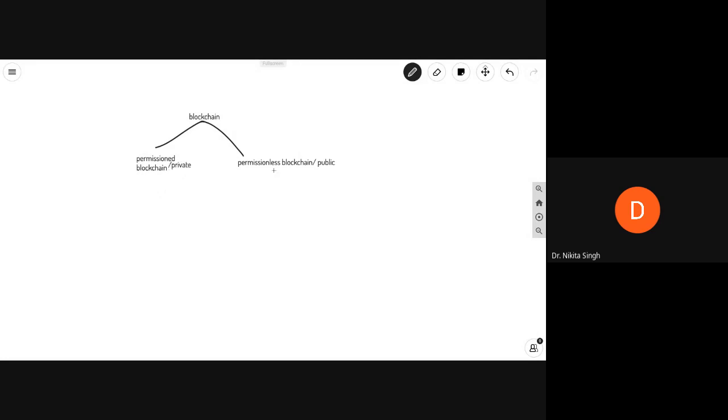And we know permissionless blockchain would include Bitcoin and Ethereum. And here we are saying that a permissioned blockchain is Hyperledger Fabric.